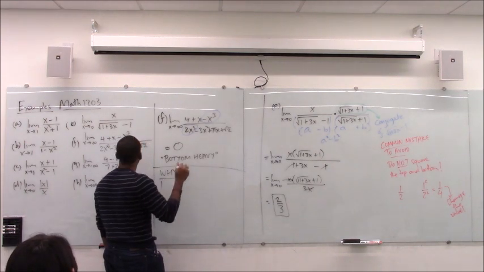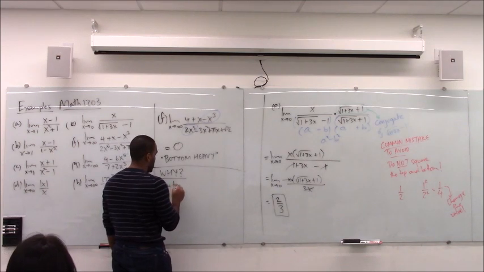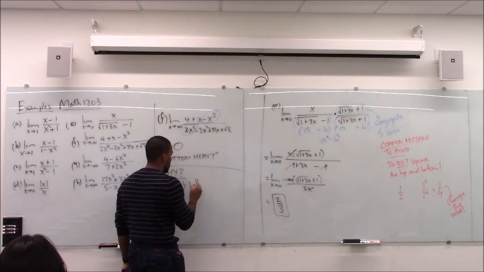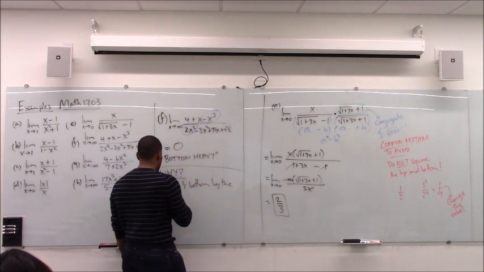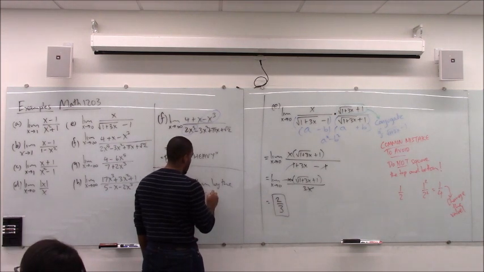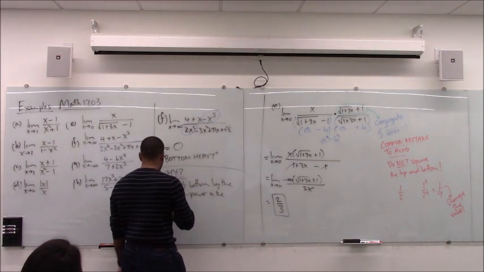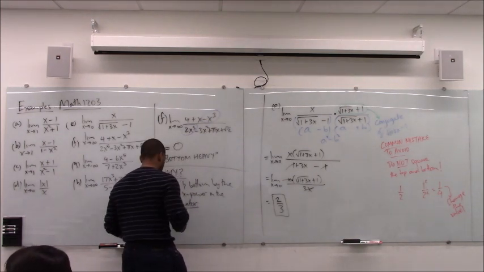the trick, quote unquote, is to divide top and bottom by the highest x power in the denominator. Always the denominator.